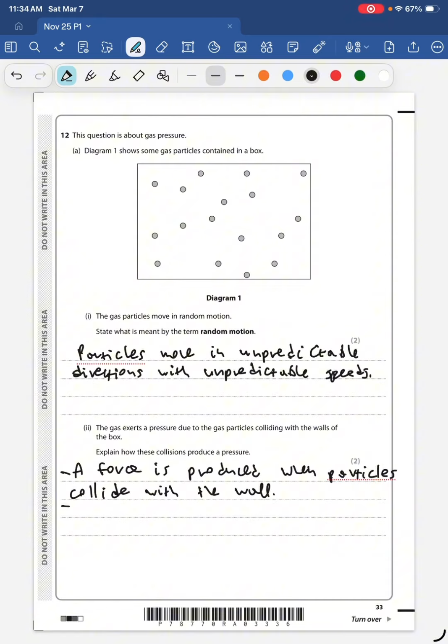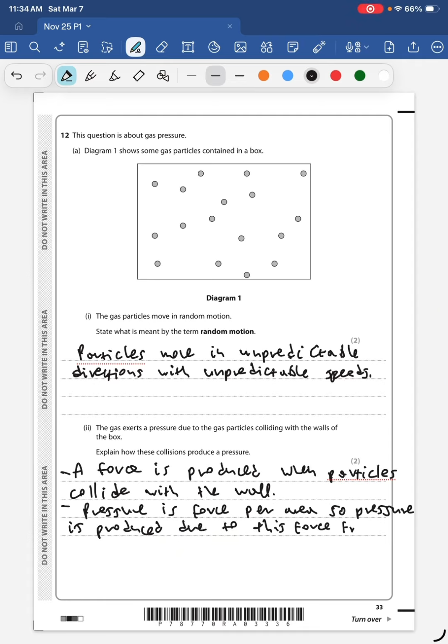Okay, so pressure is force per area, so pressure is produced due to this force from the particles.